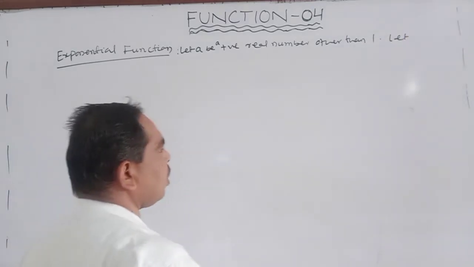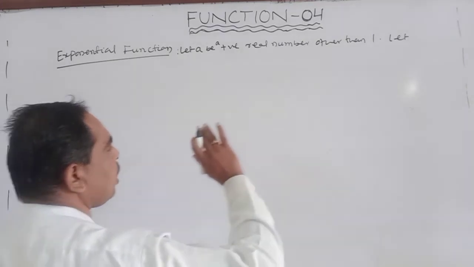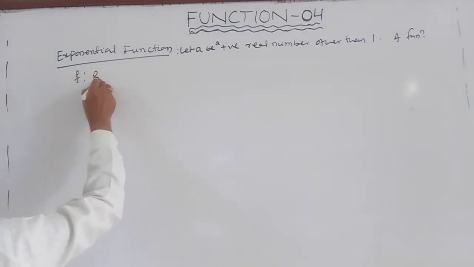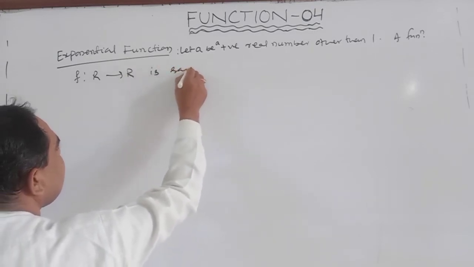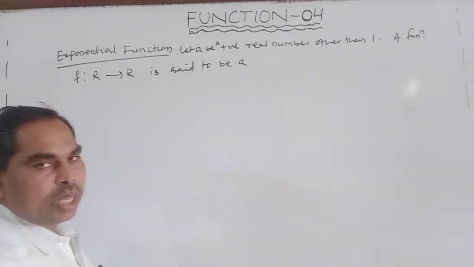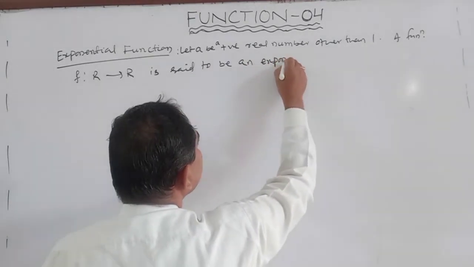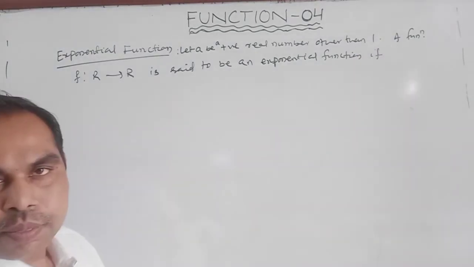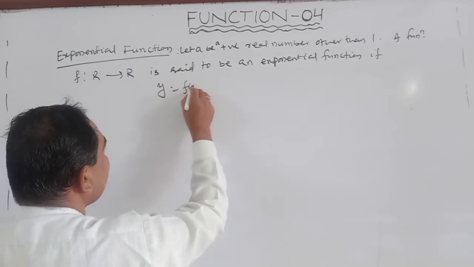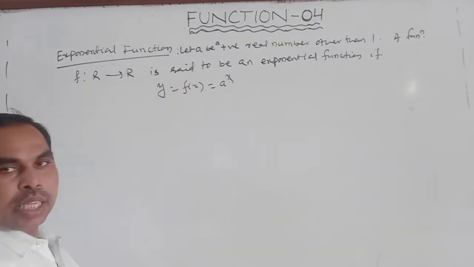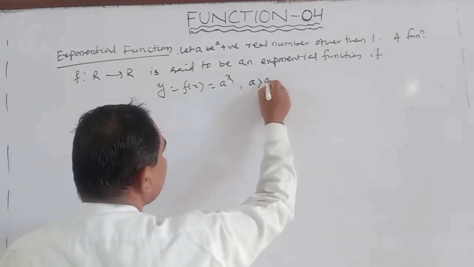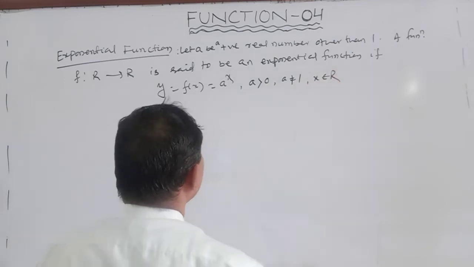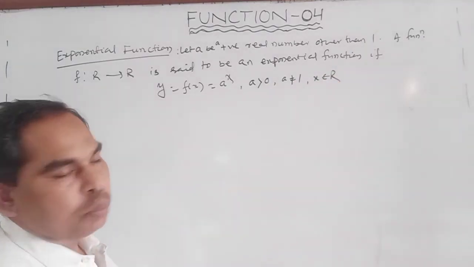Let a function f from R to R be said to be an exponential function if y is equal to f of x is equal to a to the power x, with the condition a greater than 0, a not equal to 1, x belongs to R. This is the exponential function.